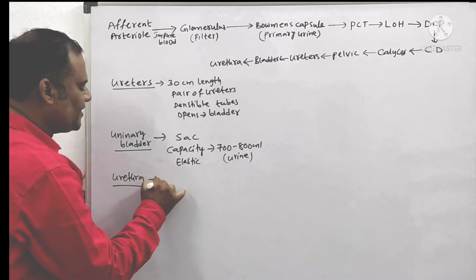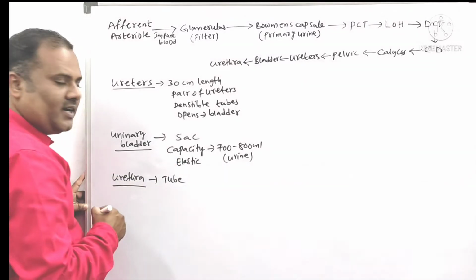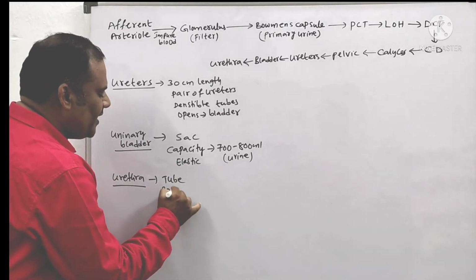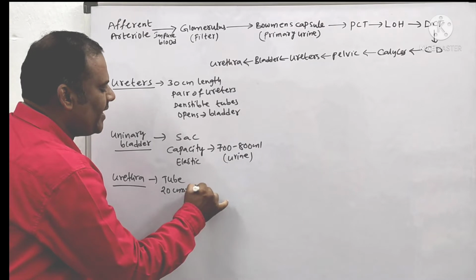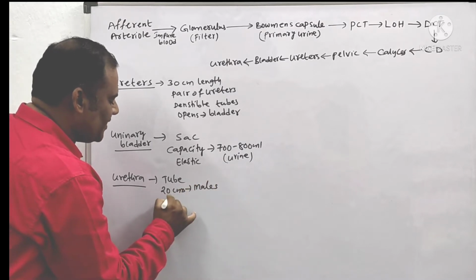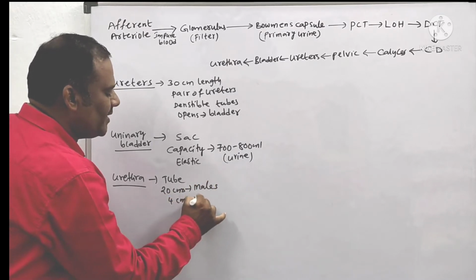This urethra is a tube-like structure. It is 20 centimeters in males, whereas in females it is only 4 centimeters.